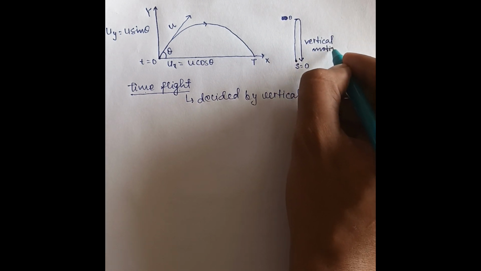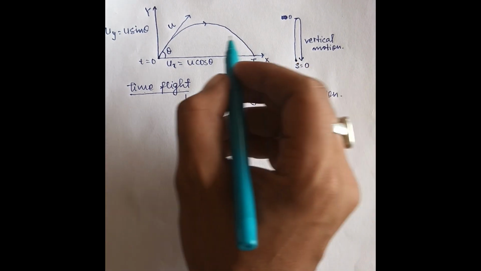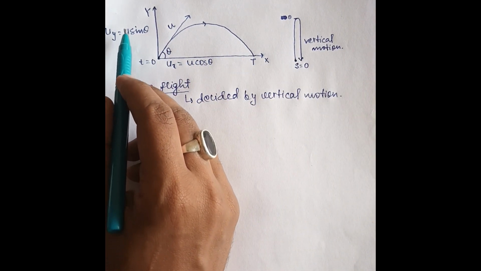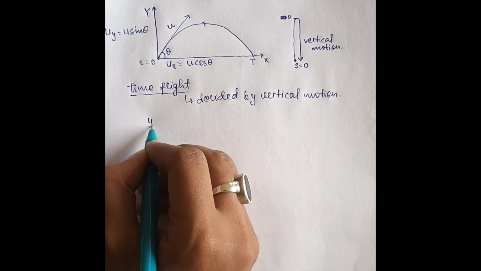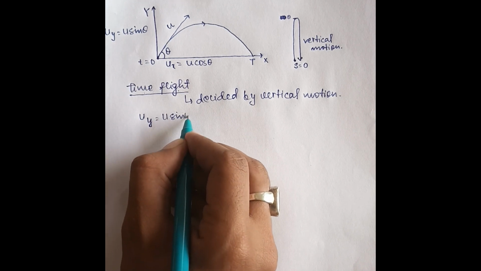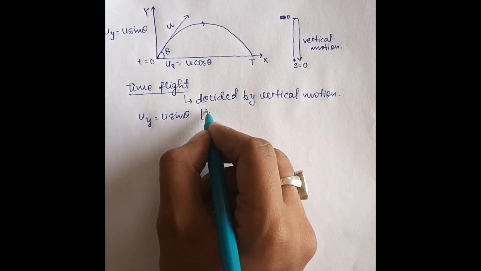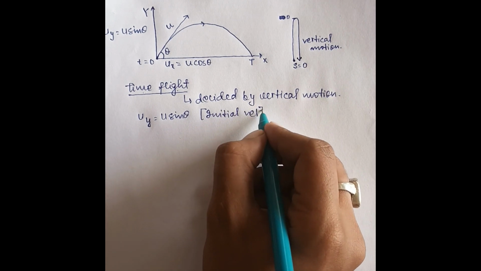This is what we are considering about vertical motion. Here, students, initially we have considered the velocity along the y-axis is equal to u sine theta. This is the initial velocity.